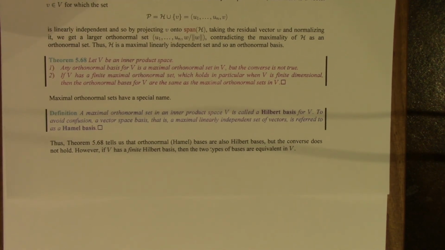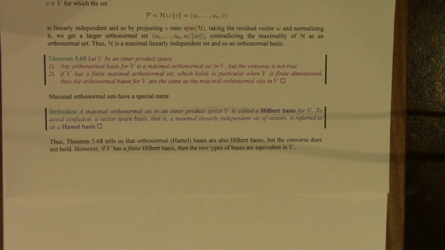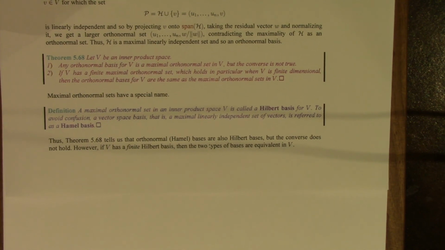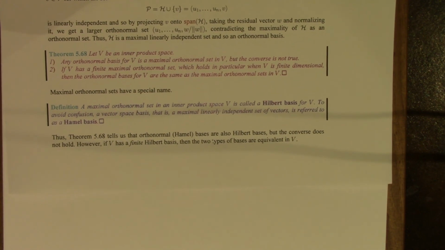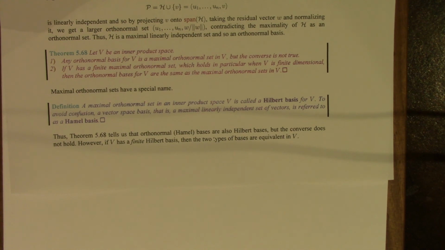A Hilbert basis is not a vector space basis, necessarily. It's simply the term for maximal orthonormal set. Orthonormal sets that are maximal in their orthonormality. They're linearly independent, but they may not be maximal with respect to linear independence.